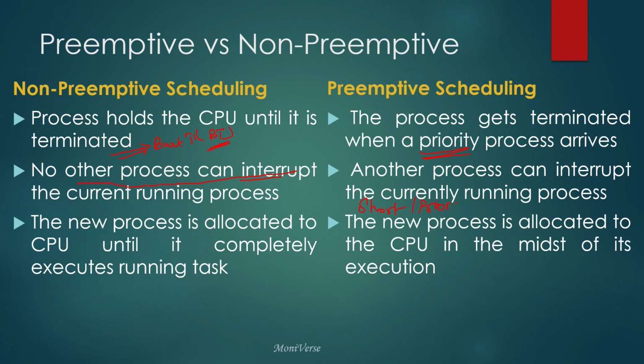So here, coming to the third point, in non-preemptive, a new process is allocated to the CPU only after the current one completely finishes running its task. And here, the new process can be allocated in the midst of the execution. So the processor will not stop during the non-preemptive scheduling until it finishes the process which is currently being executed. Here it's not like that. Okay. Hope you have understood the differentiation.